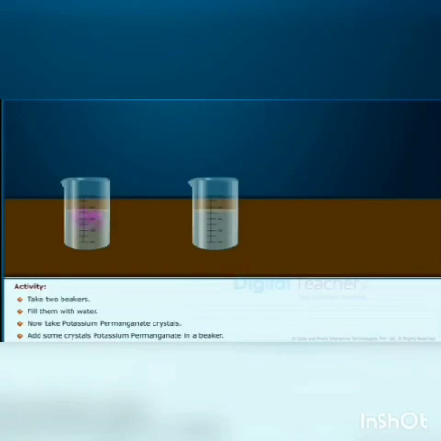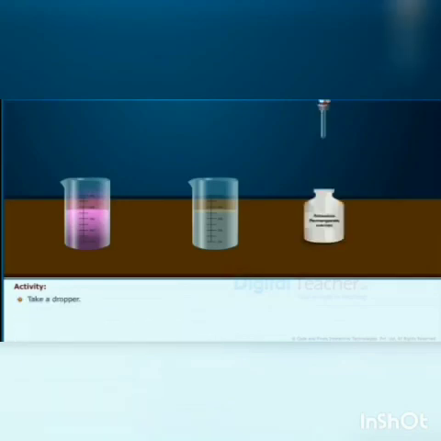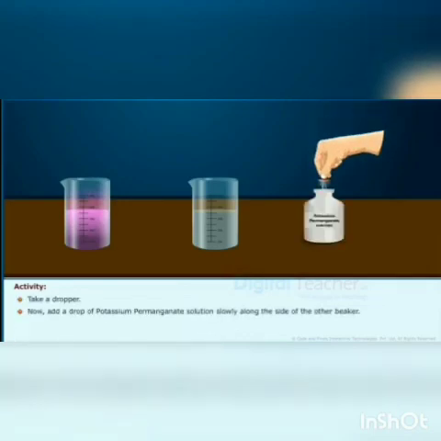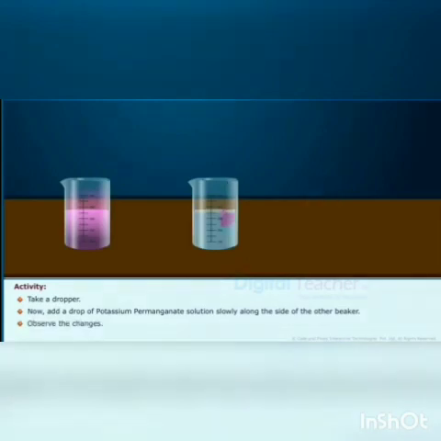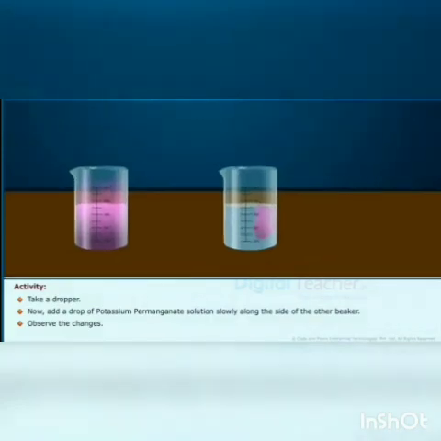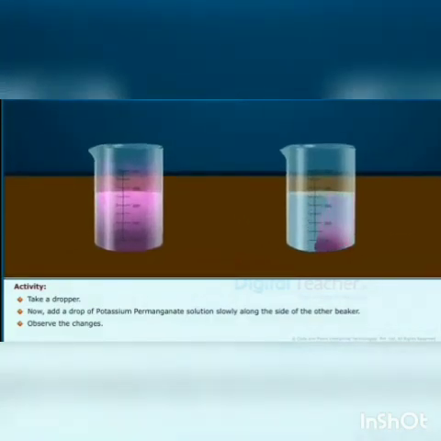Add some crystals of potassium permanganate in a beaker. Take a dropper. Now add a drop of potassium permanganate solution slowly along the sides of the other beaker. Observe the changes.